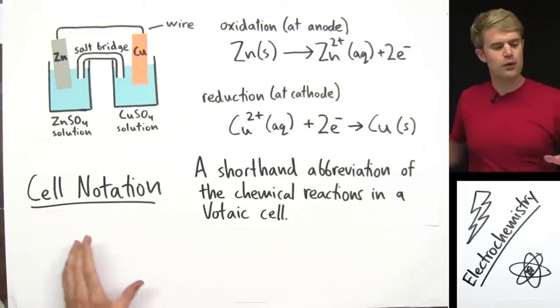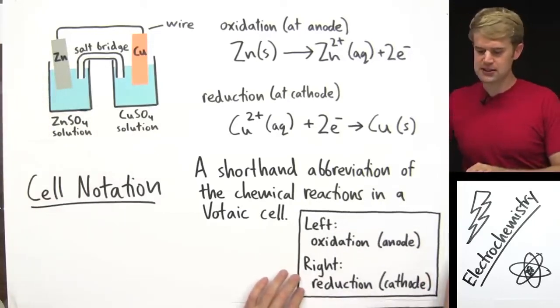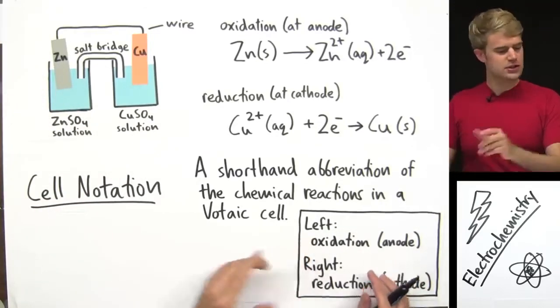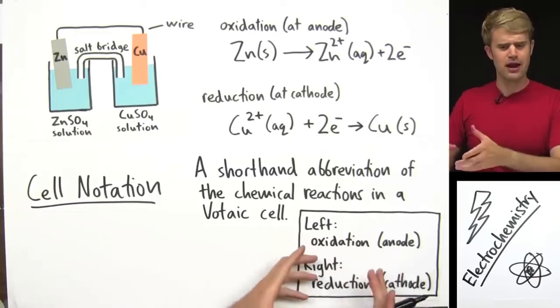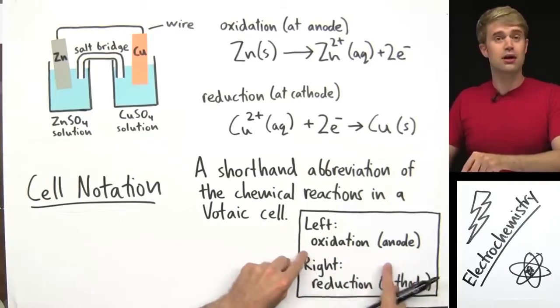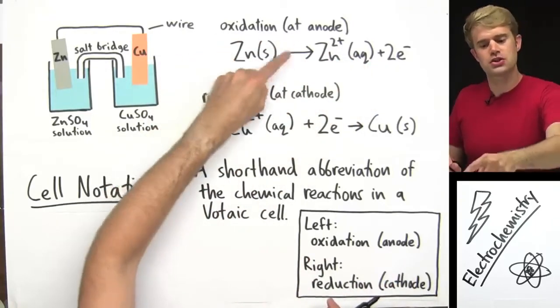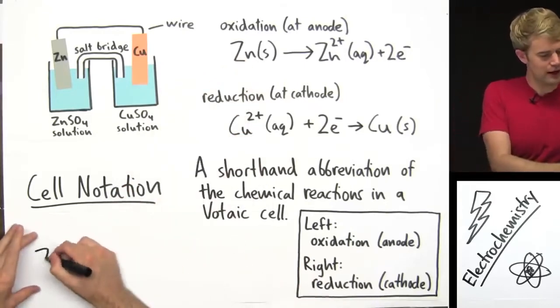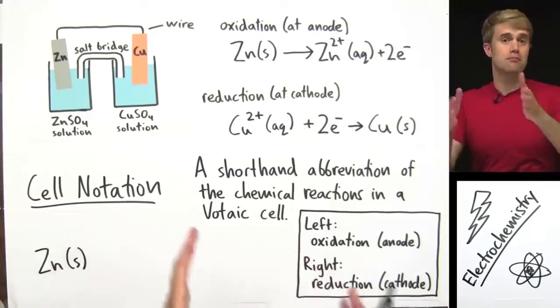So here's how we would write what's going on in this voltaic cell using cell notation. We start on the left with the oxidation process, okay? How does the oxidation process start? Well, I have the half reaction up here. It starts with solid zinc, so I will write Zn solid right here. That's how the oxidation begins.